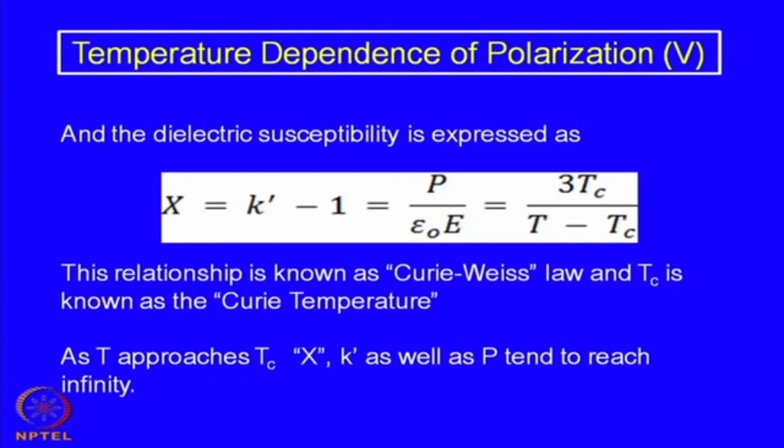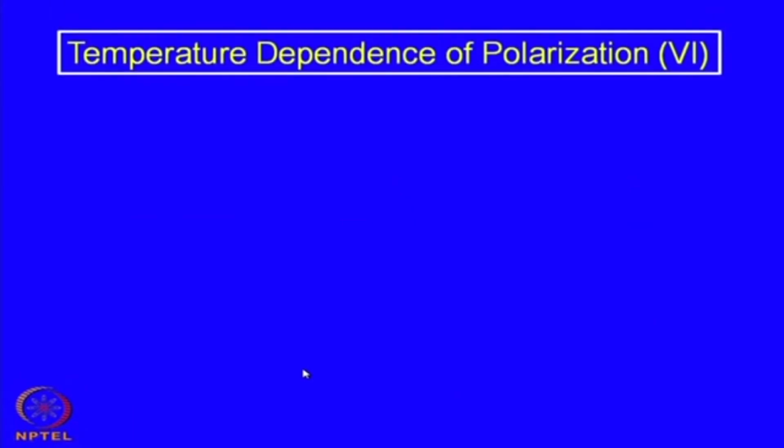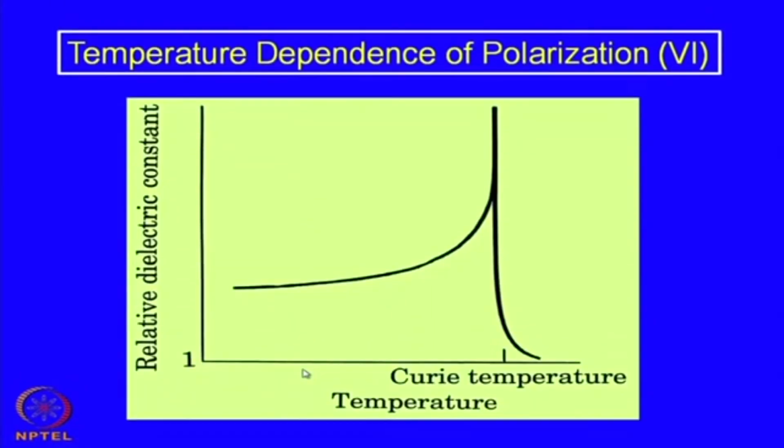So, consequently all ferroelectric material, the dielectric constant or the chi or the polarization, goes through a very high peak at a particular temperature called T c. And this is the characteristic.